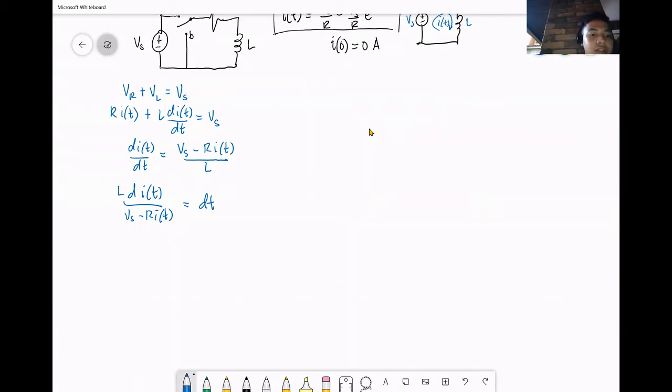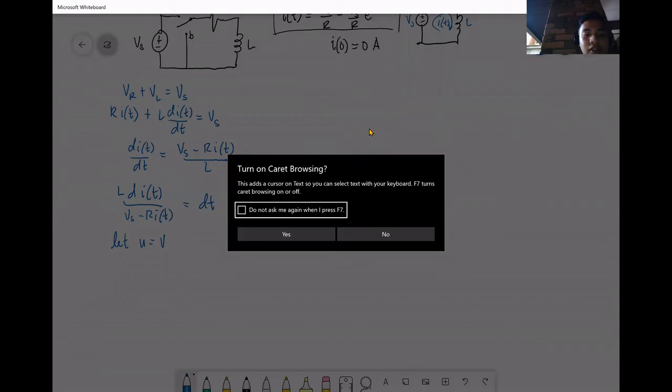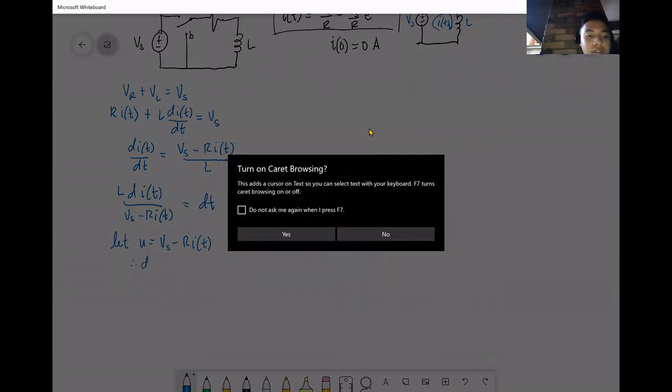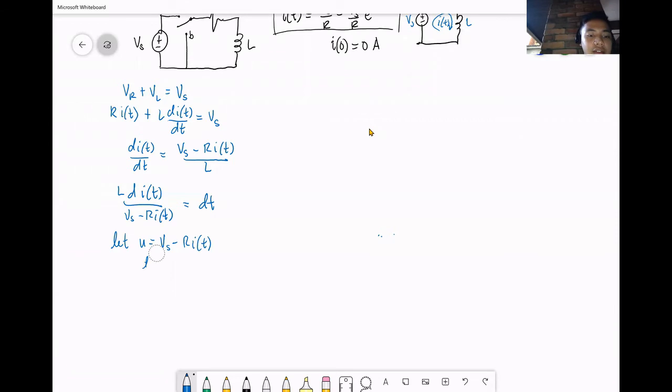Okay, now for the integration, we let u is equal to Vs minus R I of t. Therefore, that implies du is equal to negative R di of t.